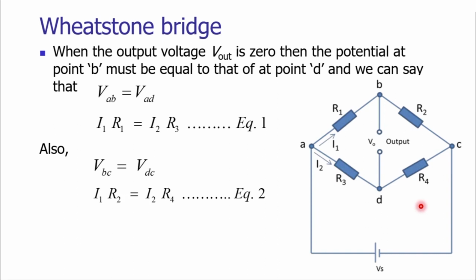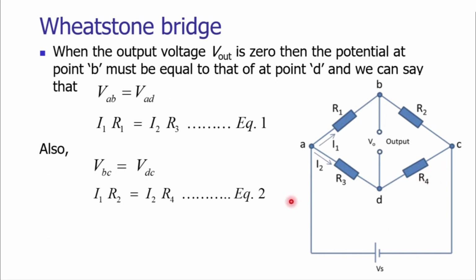So I will convert the voltages into the product of current and resistor values. I will write VBC as I1 into R2, and VDC as I2 into R4.